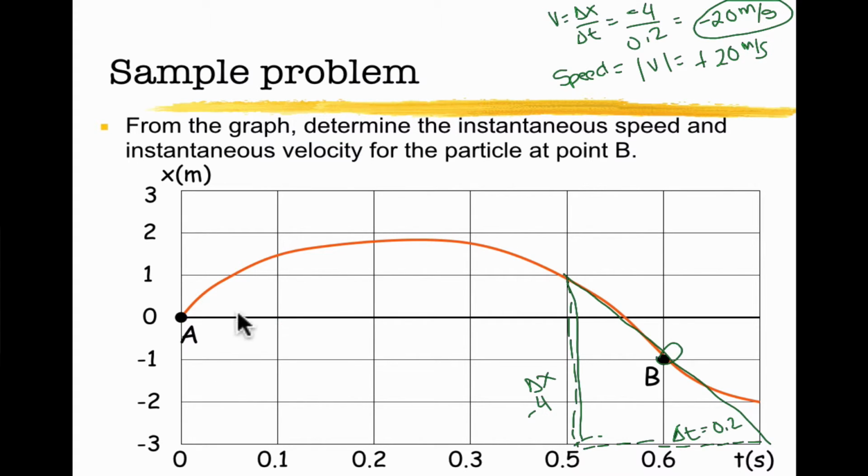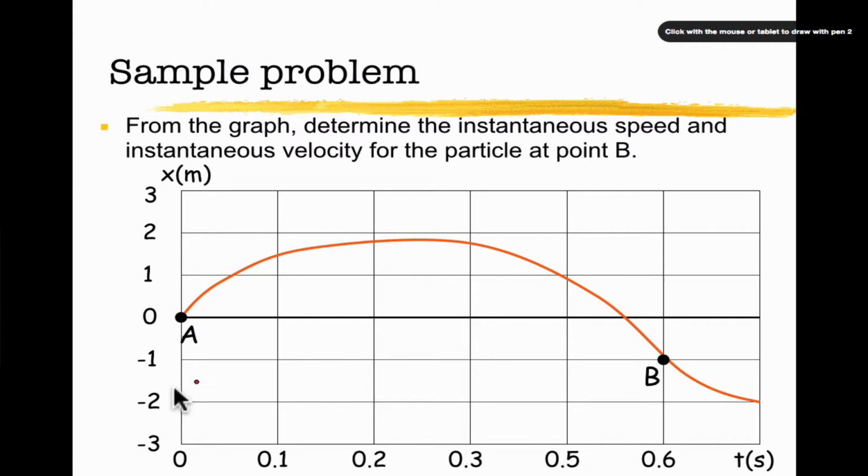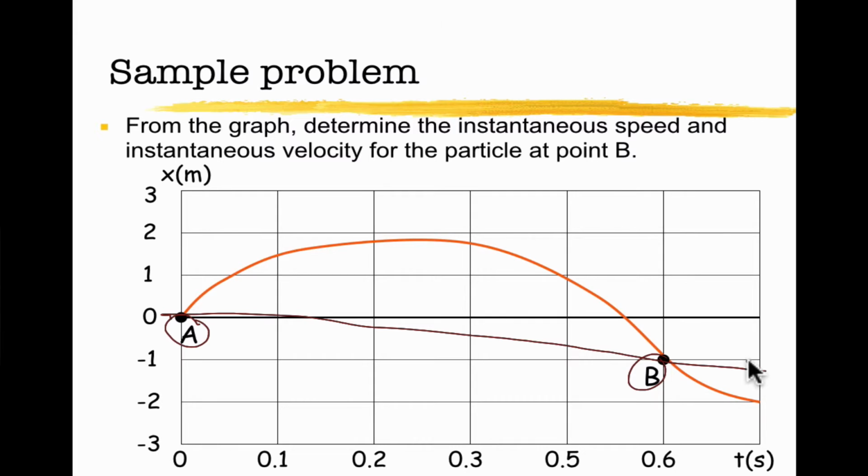Now if we're talking more average, it becomes different. Let me show you that. So if we want to find the average velocity and average speed between A and B, here's A and here's B. So the average velocity, just like what we talked about, we connect A to B. So velocity is displacement over change in time. From A to B, we went down.